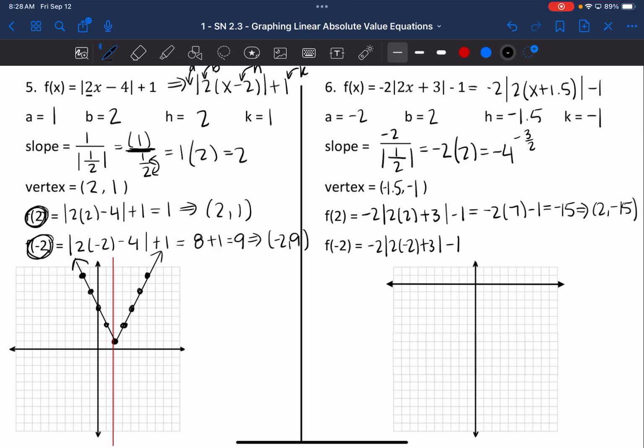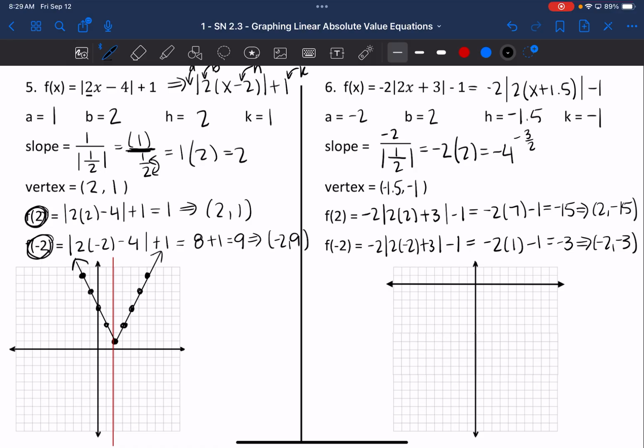But it is inside the absolute value, right? Absolute value makes it positive 1. So I'm going to have negative 2 times positive 1 minus 1. And what would that be? Good. So we also have the point negative 2, negative 3 on our graph.